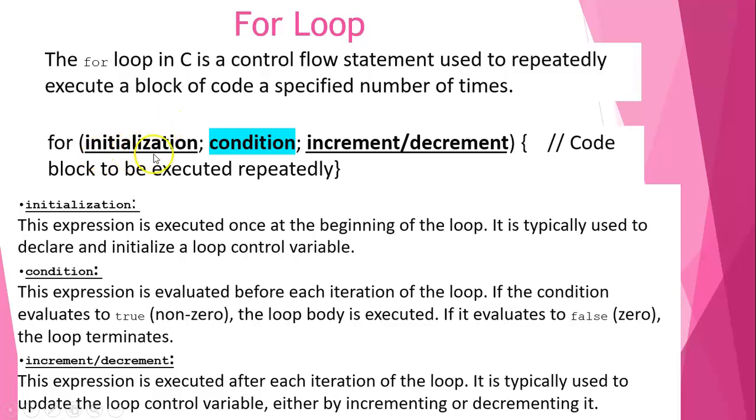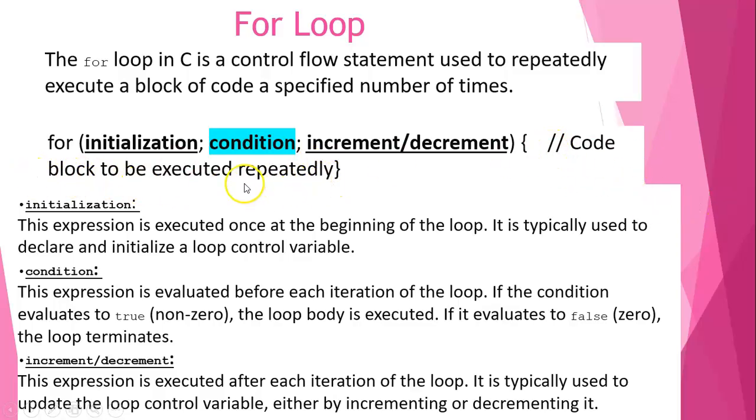You do the initialization from inside here, then you give the condition that you are checking, and then you do the increment or decrement right here. So it has three parts: the initialization, the condition, and the increment or decrement section. And then you give the code that you want to be executed in these blocks.